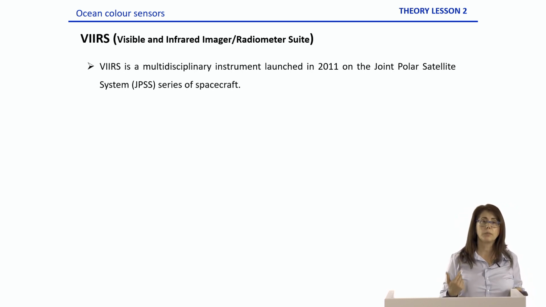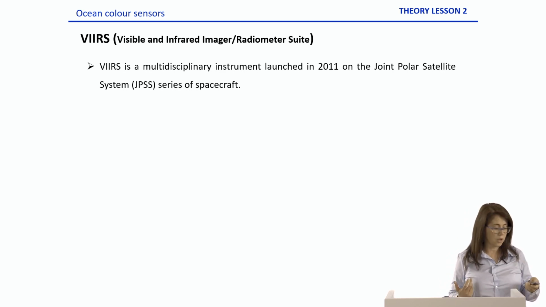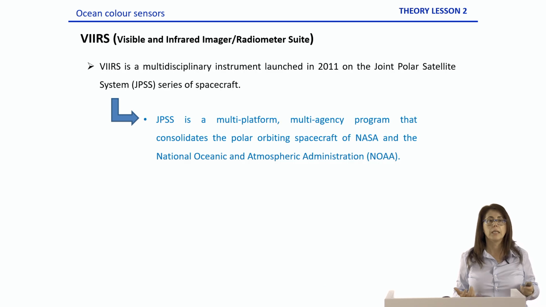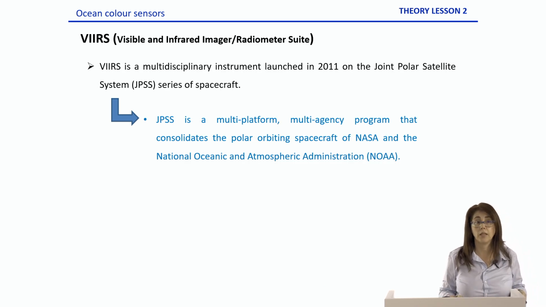This is a multidisciplinary instrument that was launched in 2011 on the Joint Polar Satellite System series of spacecraft. This is a multi-platform satellite, a multi-agency program that was jointly done by NASA and NOAA.